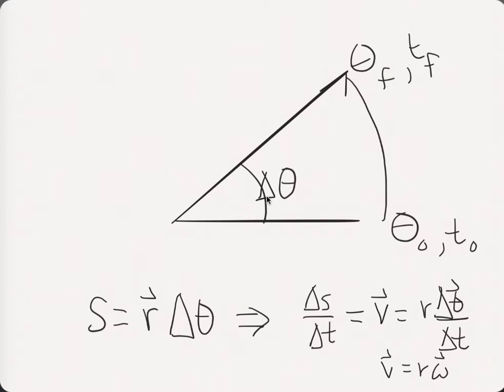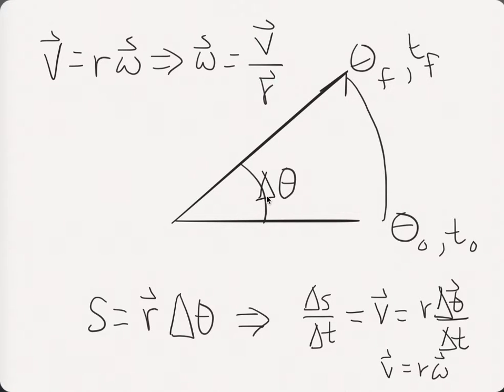So we have our translational velocity equals R times our angular velocity. We're going to use this equation to calculate our angular velocity. So if we know that this is the case, we can write angular velocity is just equal to the translational velocity over the radius of that thing that's rotating around a pivot point.